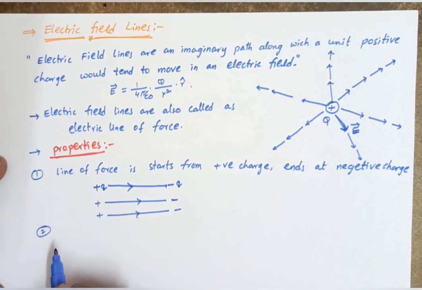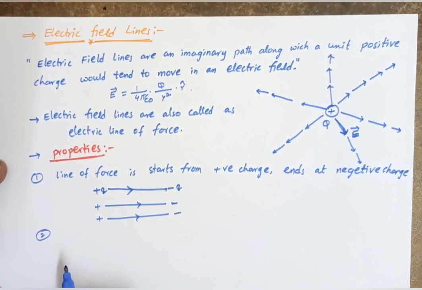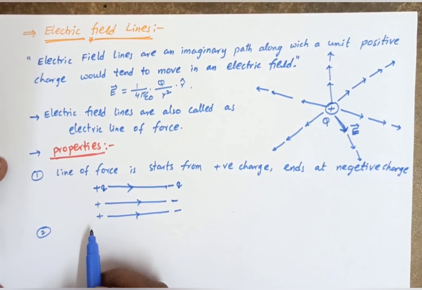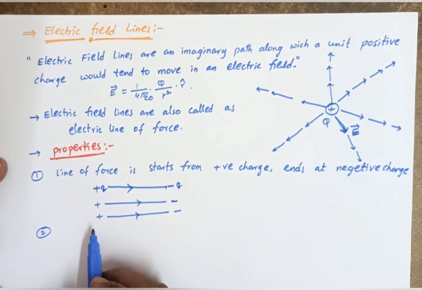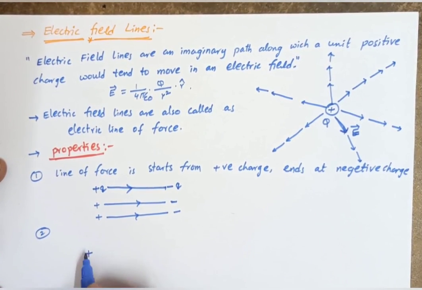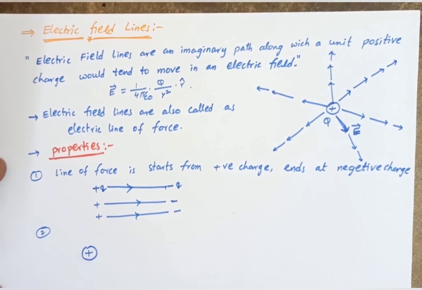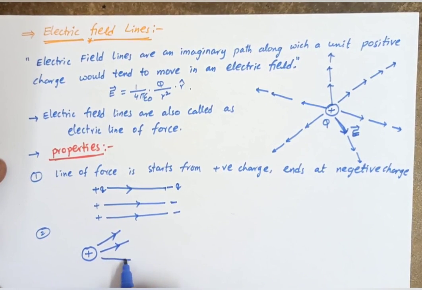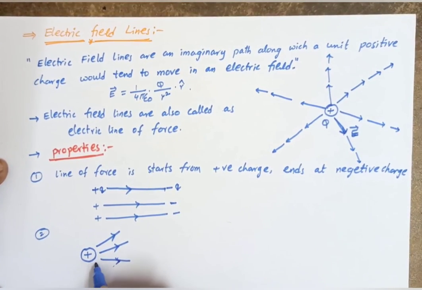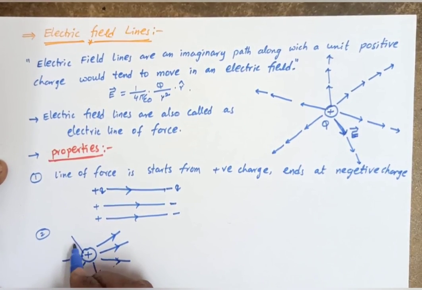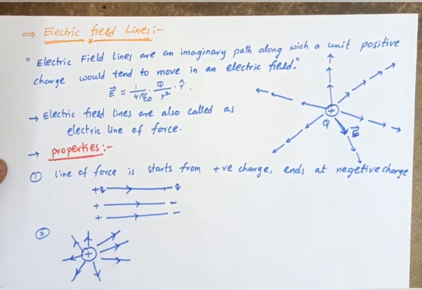Second, if there is a single charge, the lines can start or end at infinity. For example, consider a positive charge. The electric field lines move outward and end at infinity.